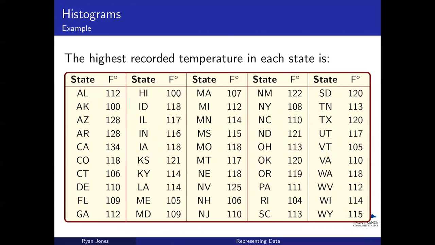And when you have all that, that's nice, because it allows you to make a smart decision on the number of intervals that are required. Something that wouldn't be smart, recall that we saw 100 and 134 were the smallest and the largest. It wouldn't be smart to make 34 intervals here, because that just means that every interval would be 100 to 101, and then 102 to 103, and then 104 to 105.